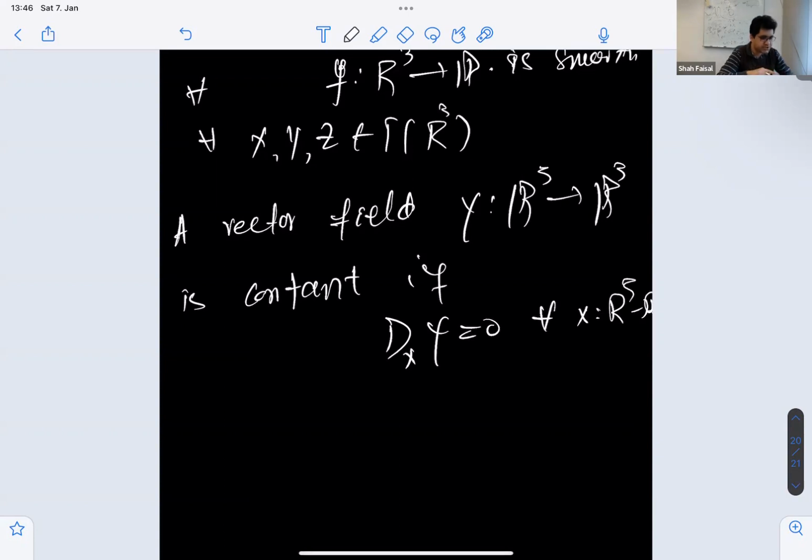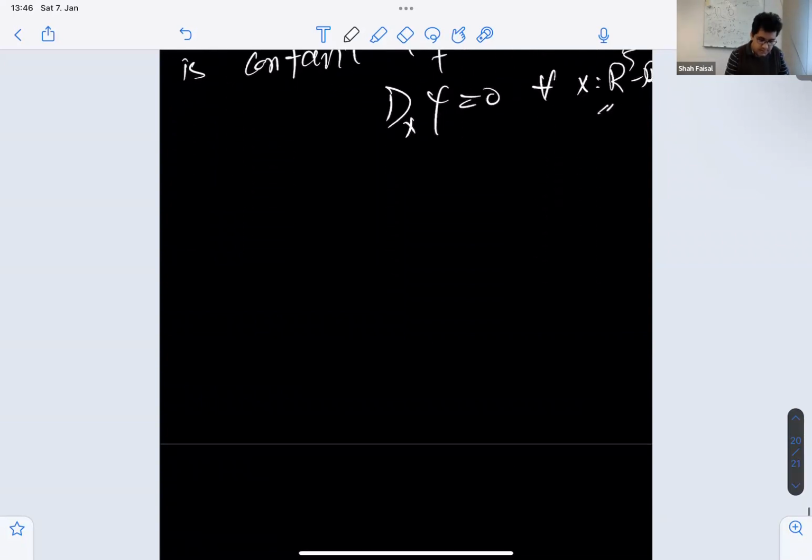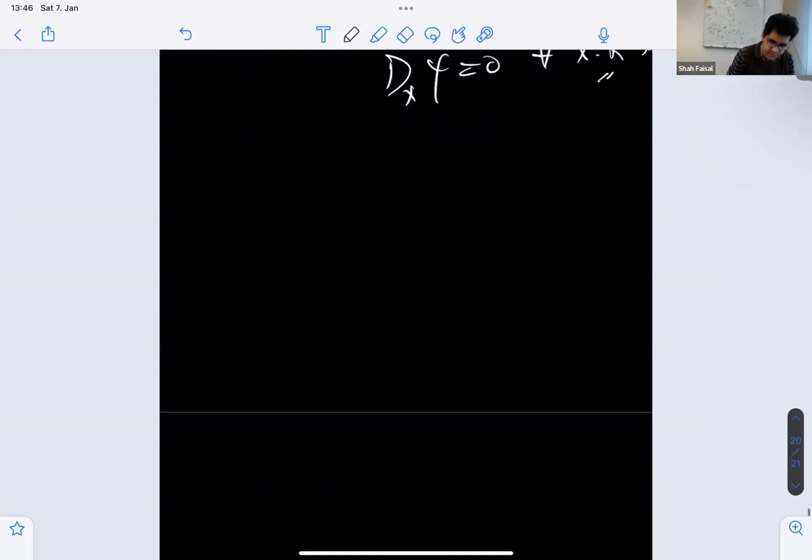So no matter in which direction you differentiate it, you get 0, and that would mean that Y is constant, or parallel. So now, if you have such a derivative on manifolds, you can still define the same notion.